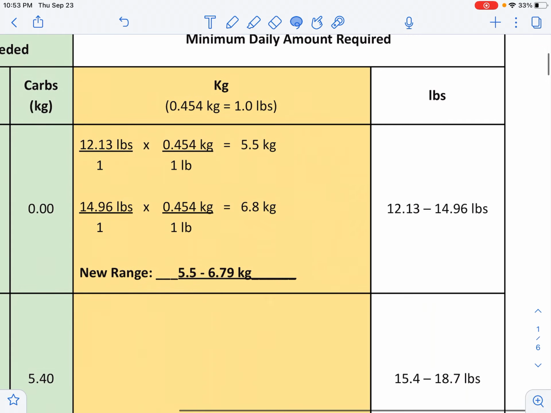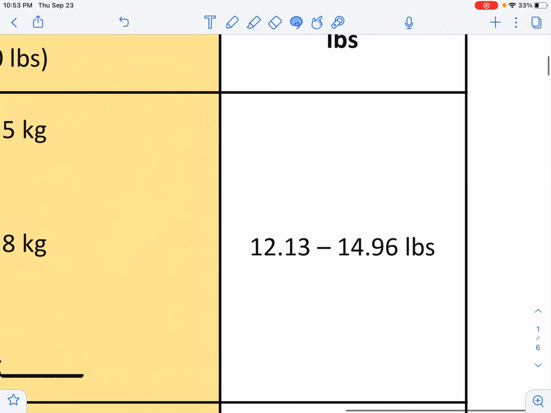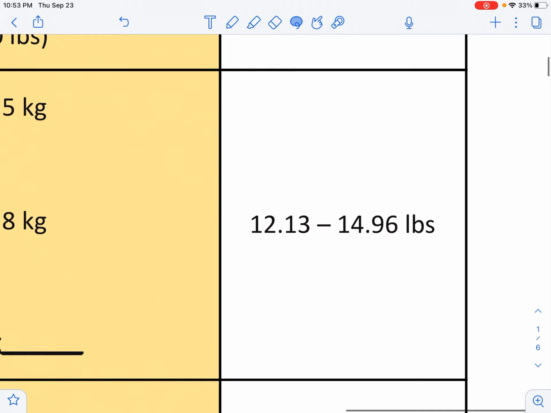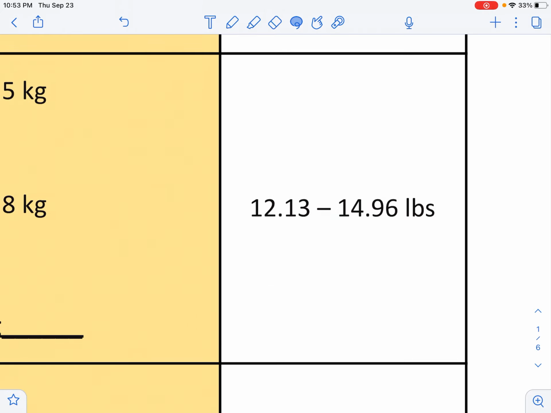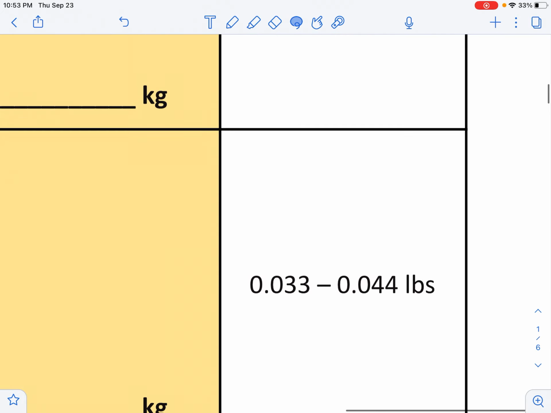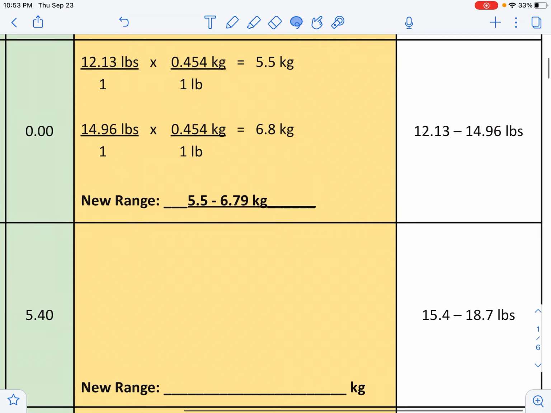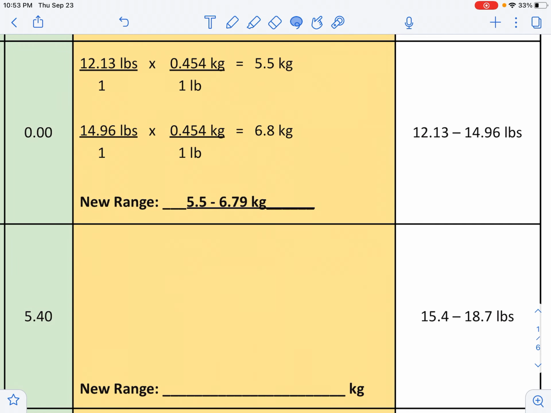And then over here, in the last column, it provides the minimum daily requirement in terms of pounds of food. So it gives you a range, the low end and the high end, for each of these 4. Now the first thing that you have to do is establish what the range would be in kilograms.